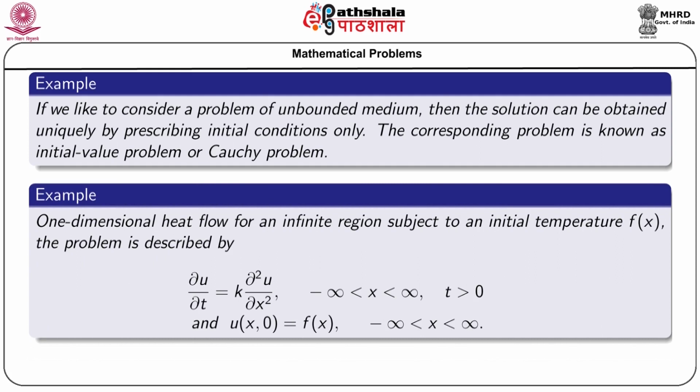This is the one dimensional heat equation, and the supplementary condition is given by u(x,0) equals f(x). So, this is the initial temperature field. According to the supplementary condition, we can divide a mathematical problem into categories like initial value problem, boundary value problem, or mixed initial boundary value problem.